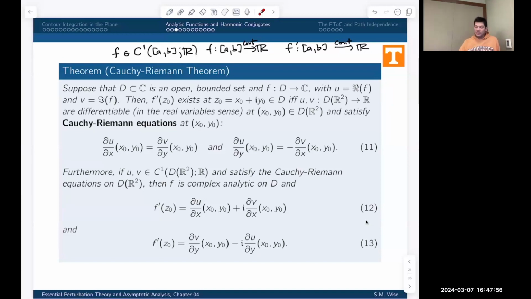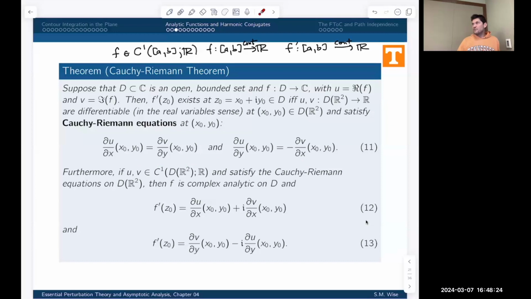This is a rather famous result. Most of the time, the Cauchy-Riemann theorem is stated by expressing the Cauchy-Riemann equations. But the theorem is much more powerful than that. Again, it says that F is differentiable at Z naught if and only if U and V are differentiable at X naught, Y naught, and these things are satisfied.